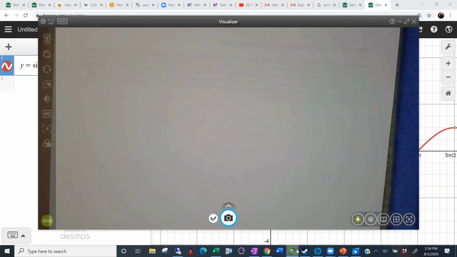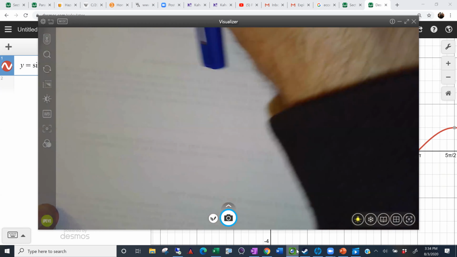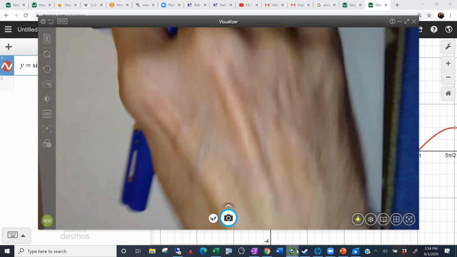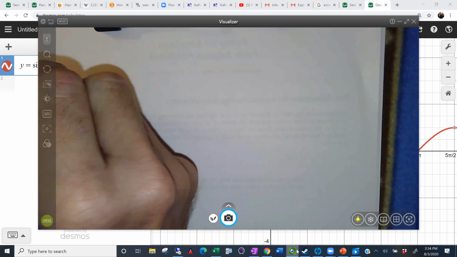Two more examples. Let's look at r equals 2 over 1 minus cosine of theta.